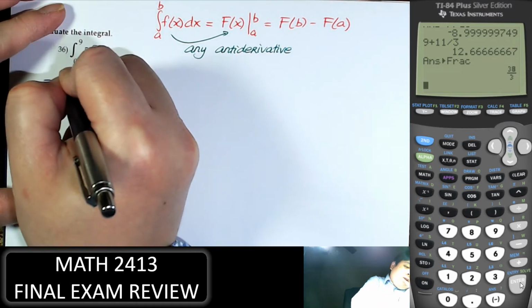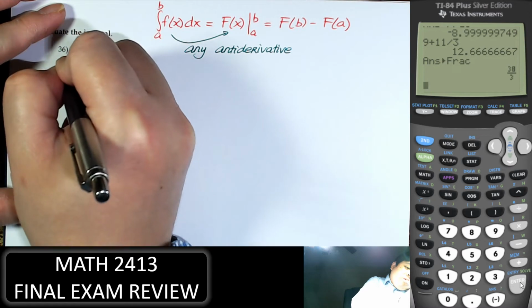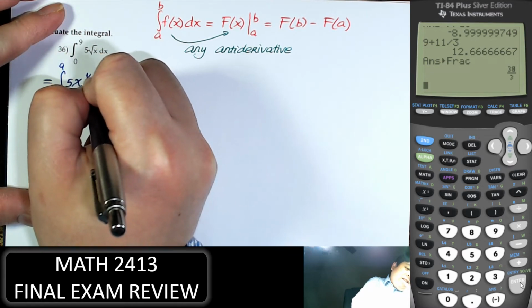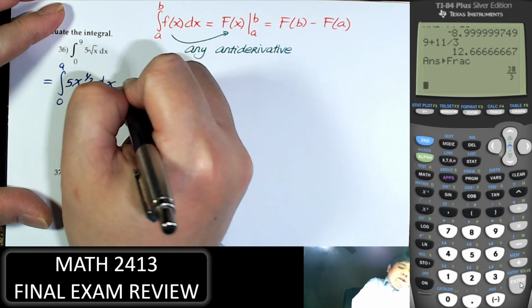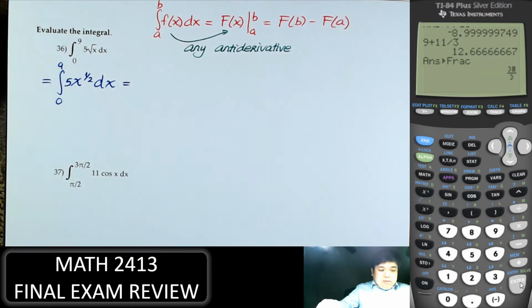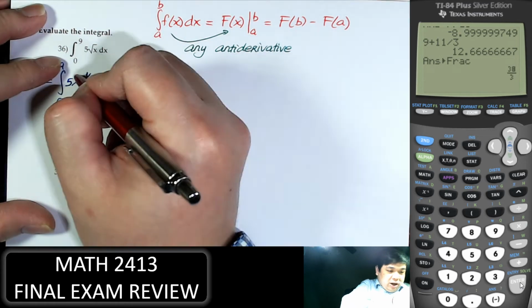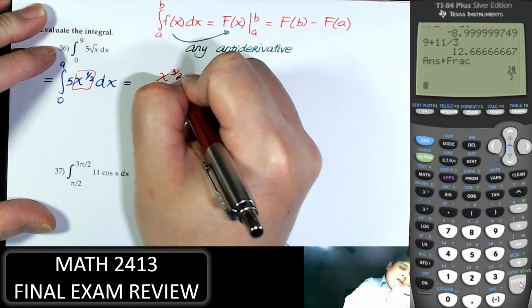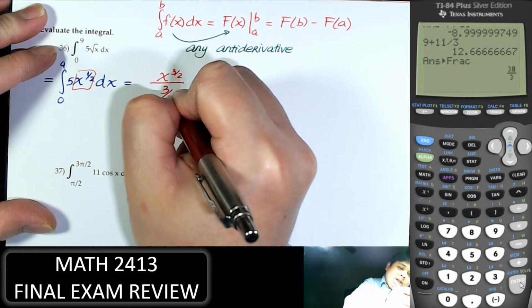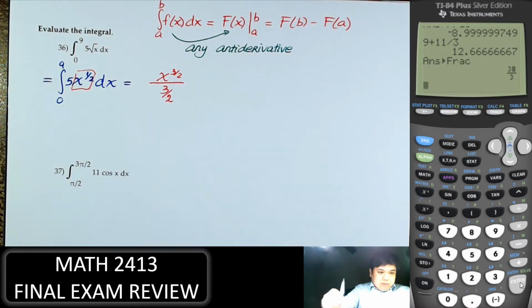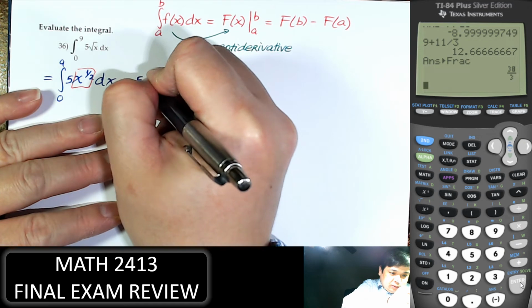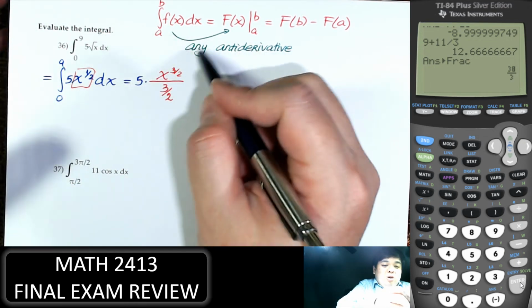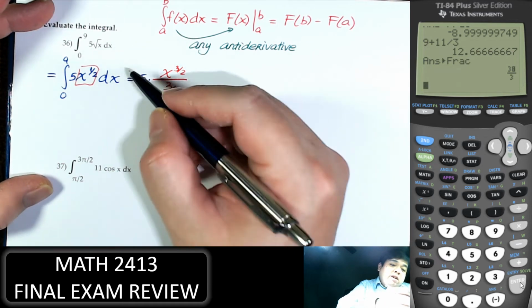Right. So once again, let's just rewrite this. X to the 1/2. Now we integrate. We have x to the 1/2, integral of that. Increase the power by 1. Divide by the same thing. There's plus c, but we let c equal to 0 because we can choose any antiderivative.